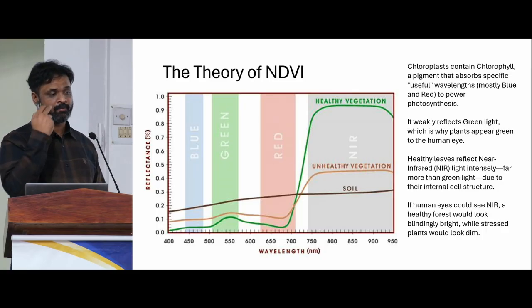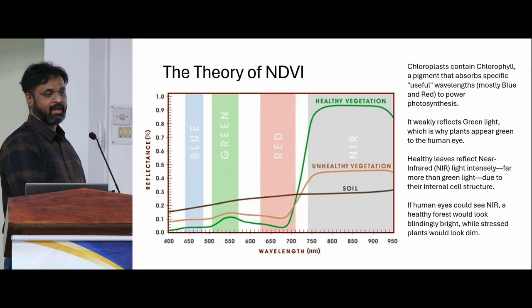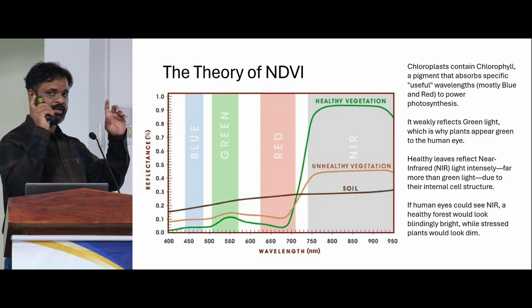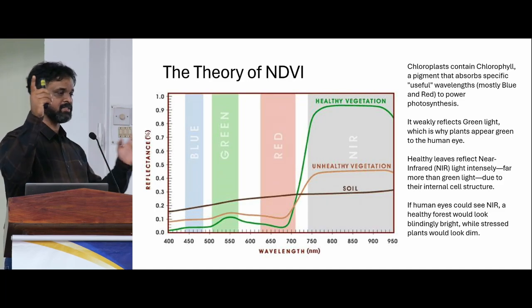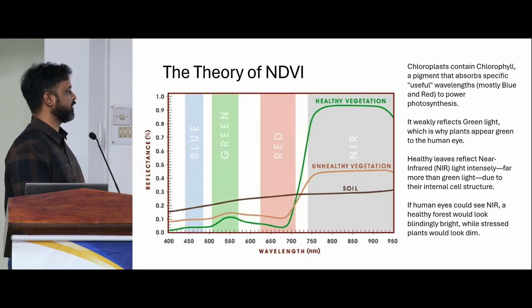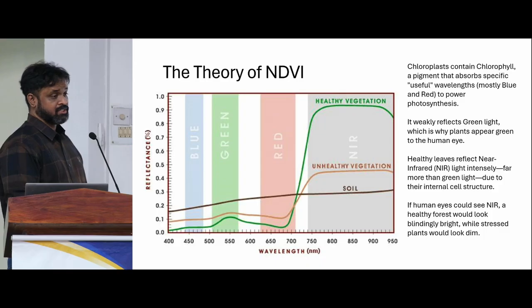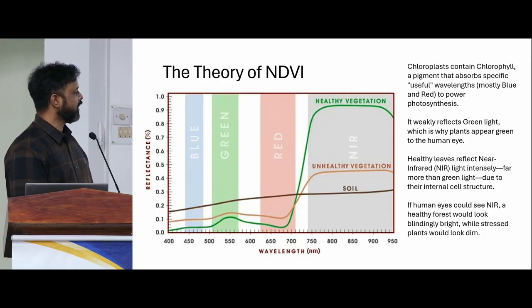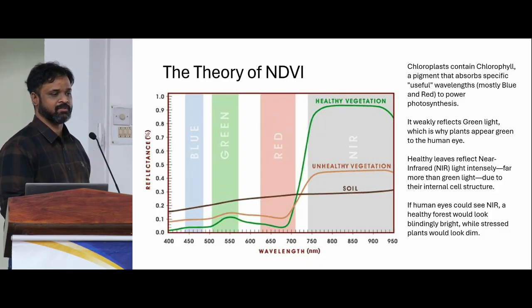But if you were able to see infrared, plants would blind you with how much infrared radiation they're reflecting back. If you take an infrared camera and look at plants in the daytime, you'll just see a white image. They're basically reflecting everything at 100%. Healthy vegetation does that. Unhealthy vegetation doesn't do that as well. And soil doesn't do that at all.